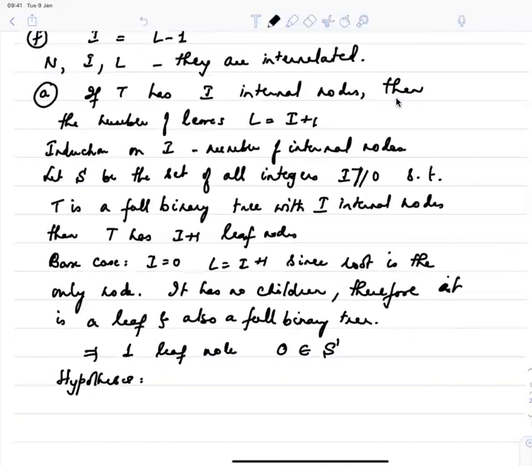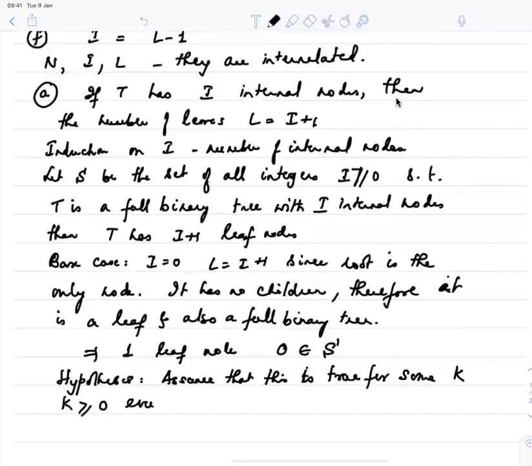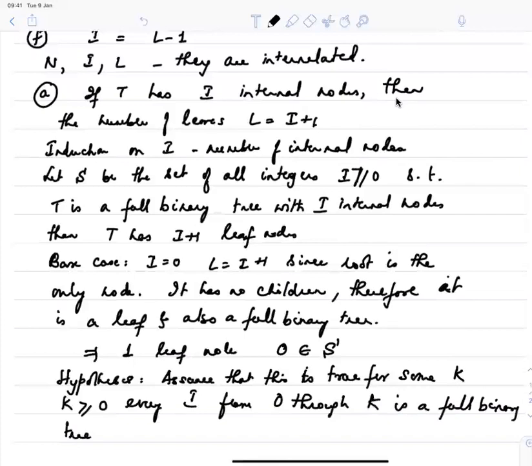We're going to assume that this is true for some k greater than or equal to 0, every I from 0 through k, that is, a full binary tree with k internal nodes is in S. What is S now?